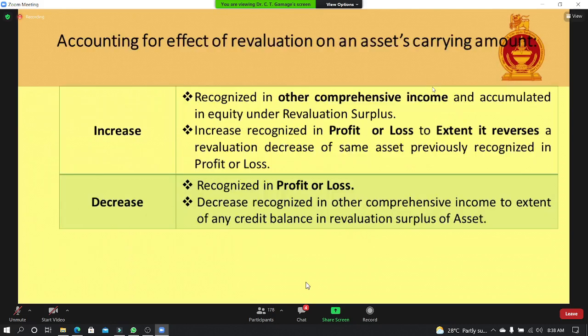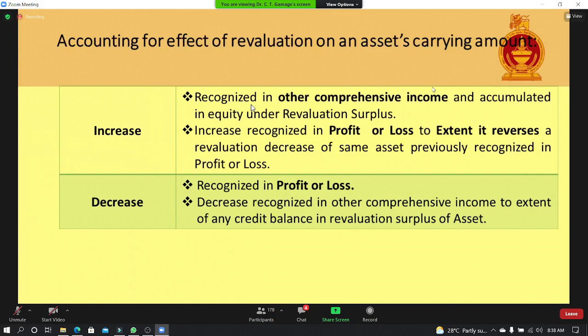Then after doing that adjustment, sometimes in revaluation there may be a revaluation profit, sometimes there may be a revaluation loss. At that time, how to enter in our accounts.